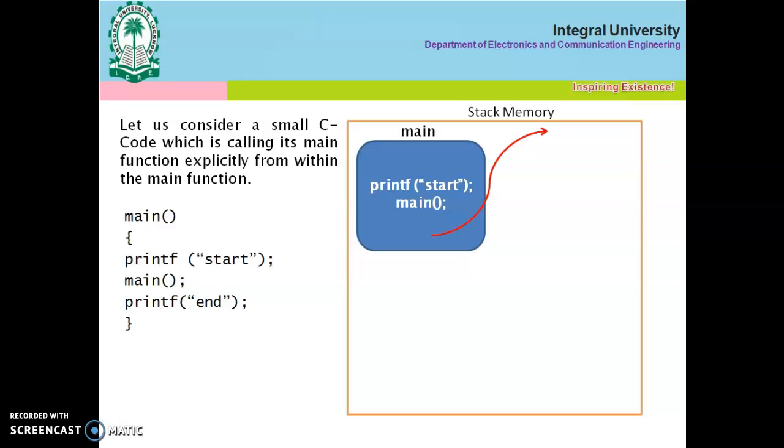The control moves to here, and inside the main function and inside the main frame, all the three statements we should execute. The first statement is a start, and what is the second statement? We are calling again the main function.